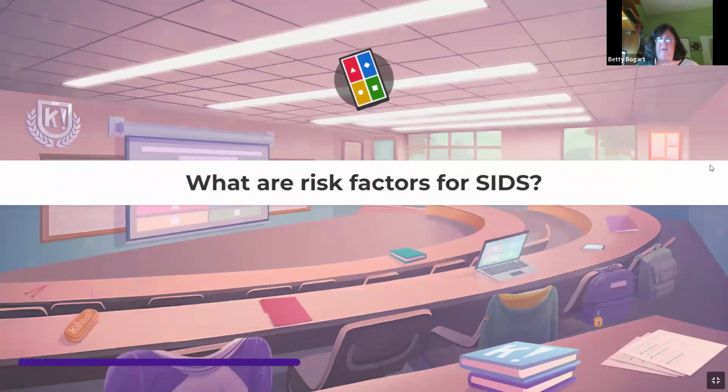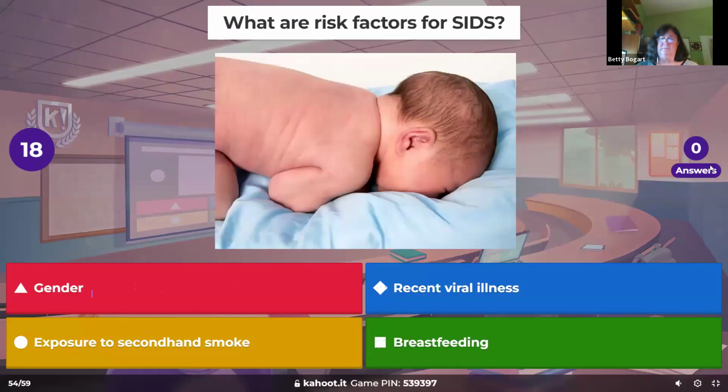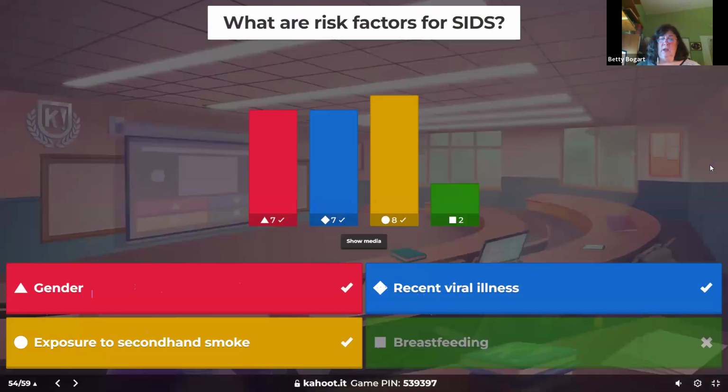A multiple-choice question: what are risk factors for SIDS? Breastfeeding decreases the risk, so everything else is a risk.